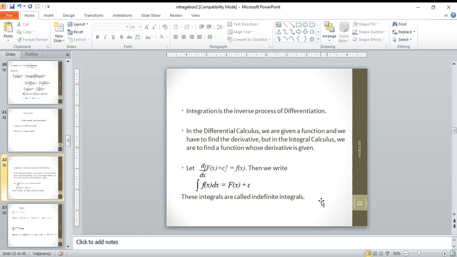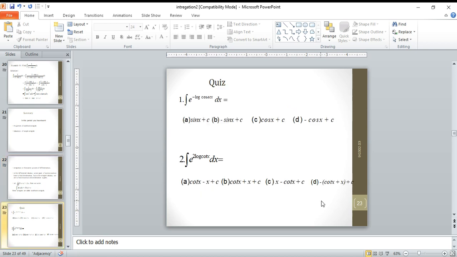But in integral calculus, we have to find the function whose derivative is given. Let d by dx of F of x plus c equal to f of x. Then we write integration f of x dx equal to F of x plus c.